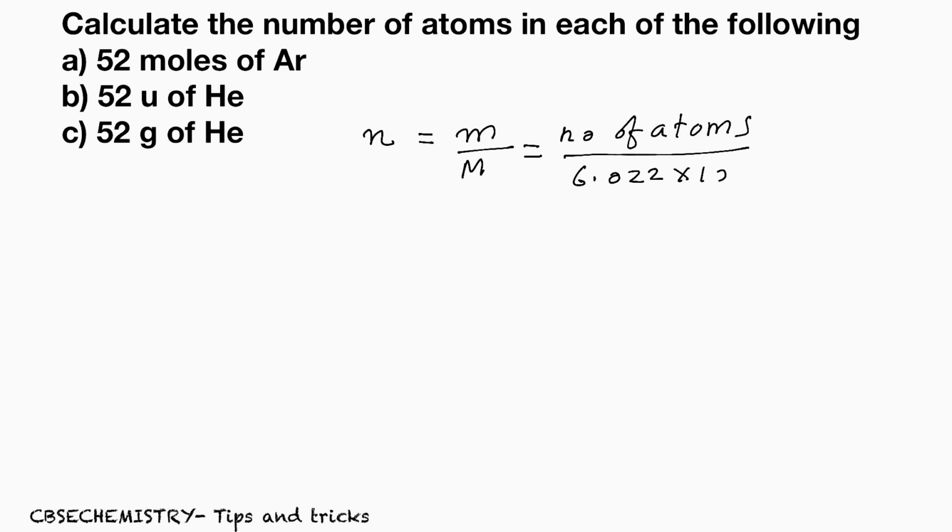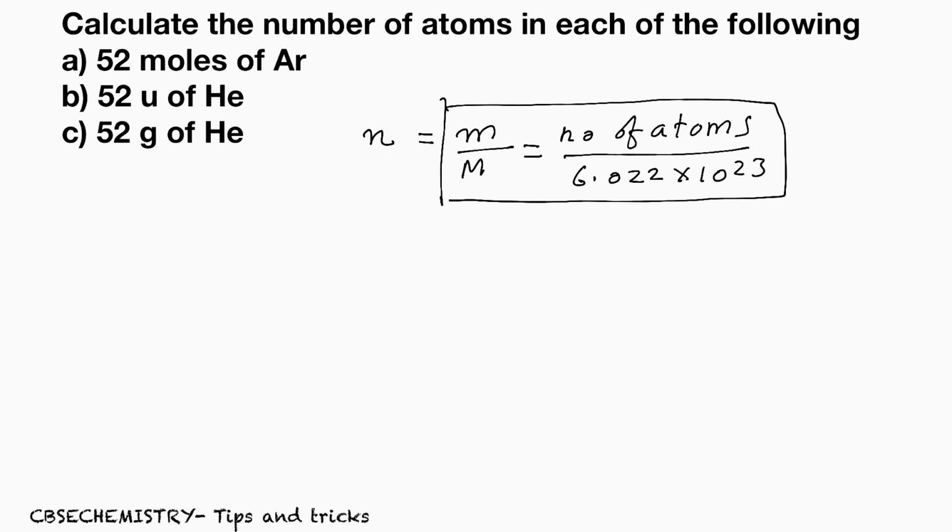Correct, right? These are the equations of number of moles. We know number of moles is equal to mass by molar mass. It is also equal to number of particles by Avogadro number. Correct? Now, equate these two.